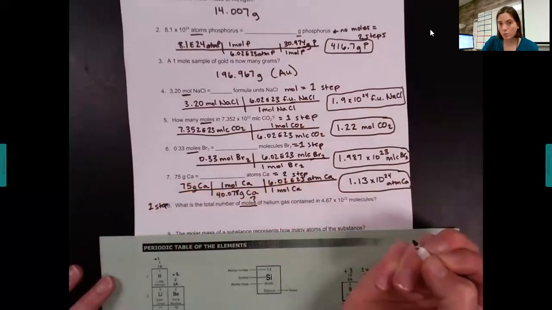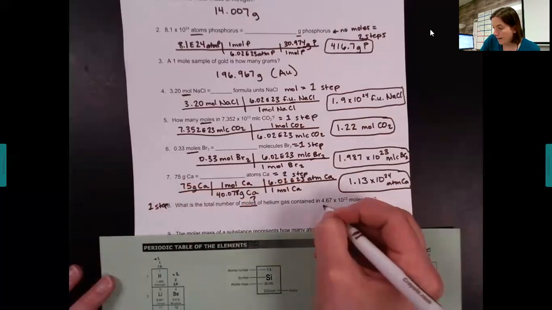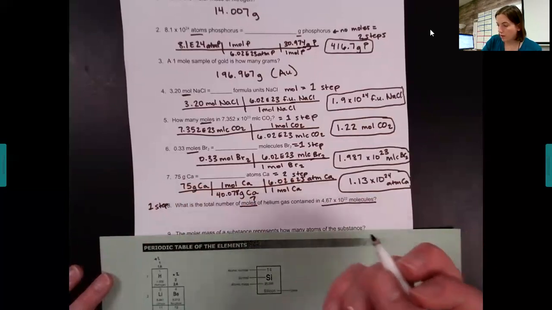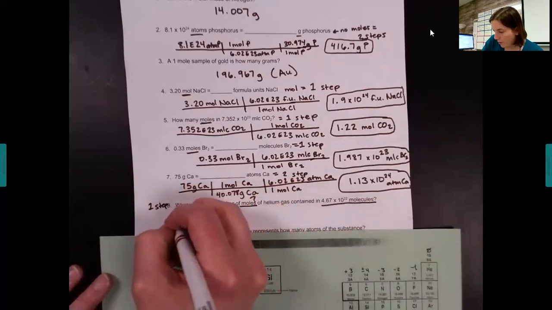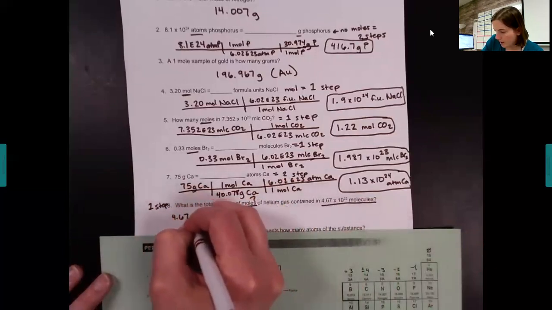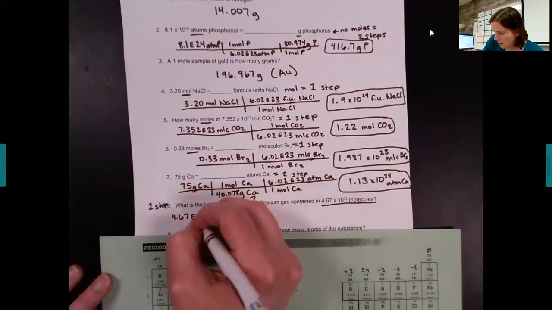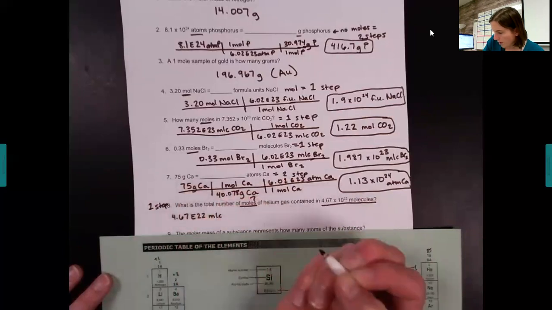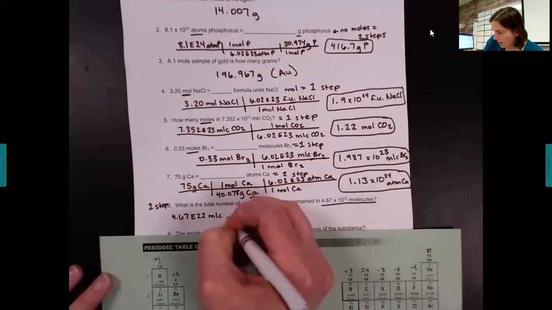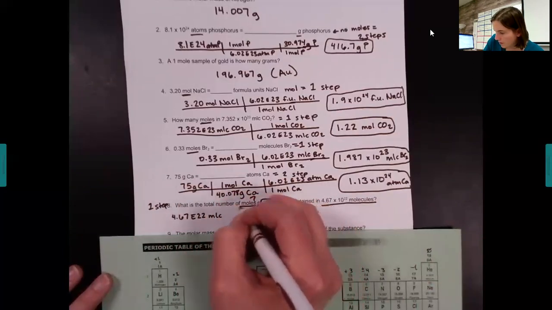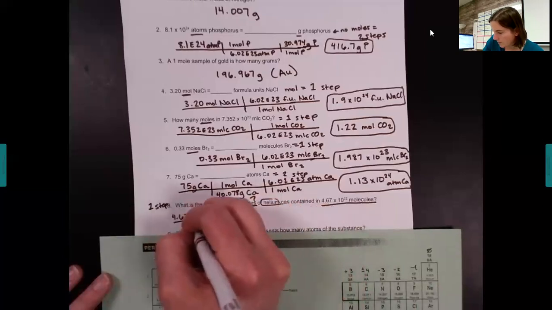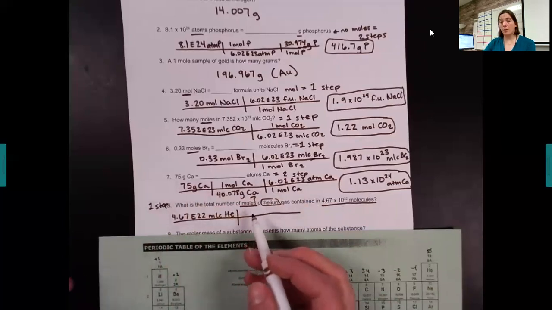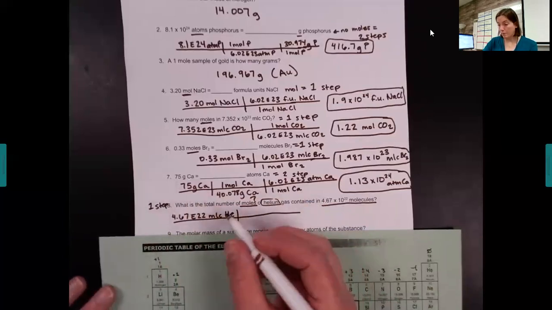This is how much we're starting with: 4.67 E22 molecules of helium, He. And we're trying to figure out how many moles, so we know that's only one step.